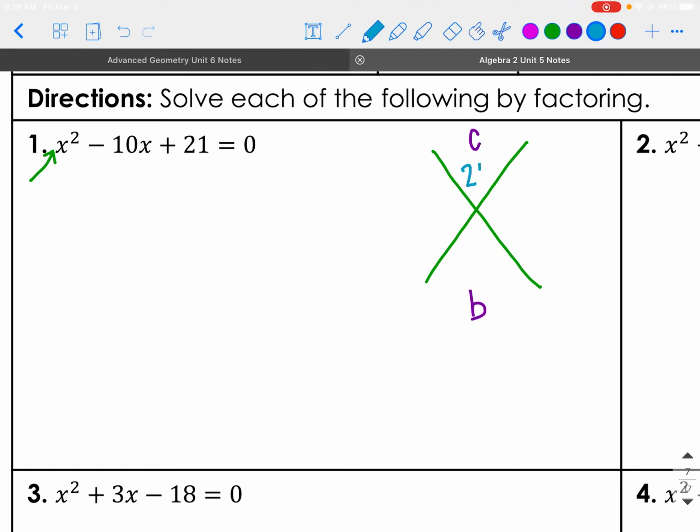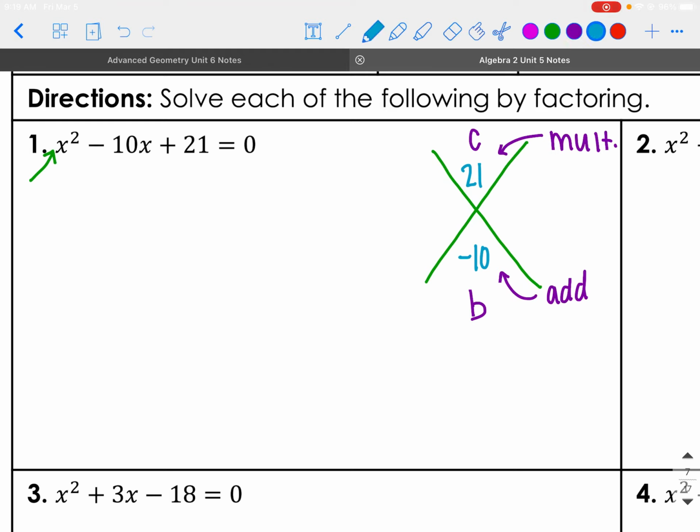So my c is 21, my b is -10. I'm looking for two numbers that multiply to be 21, but add to be -10. And these can be a little tricky, so sometimes you really just have to play around with your numbers.